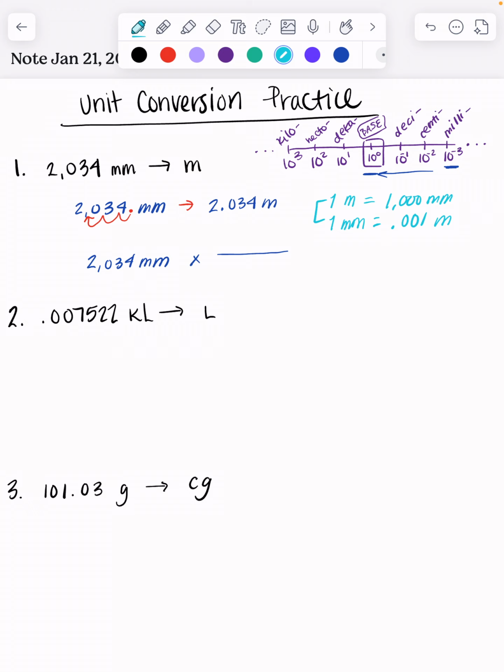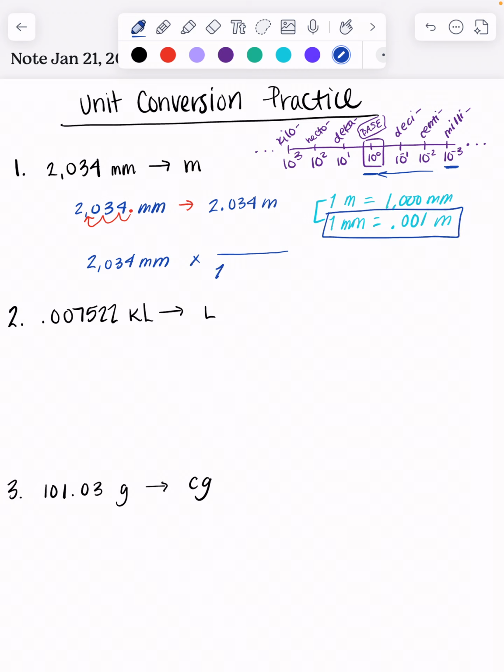I really like having my ones on the bottom. I just love putting ones in the denominator because to me it's easier to multiply across the top and not have to worry about dividing afterwards. So I'm going to put 1 in the denominator. And that means, what has to go in the denominator? Something that'll cancel. So I'm going to be using this equivalency, right?